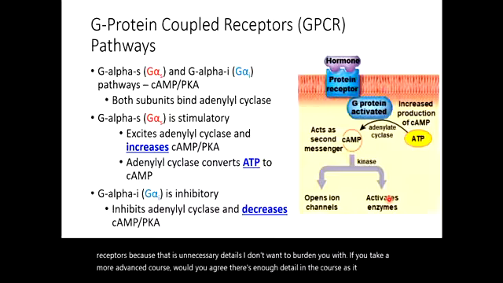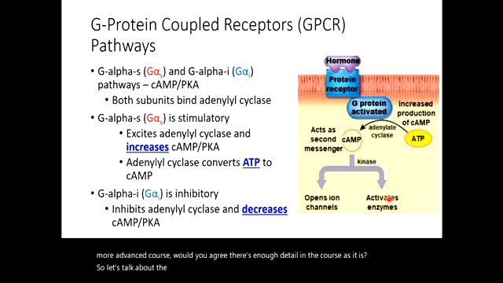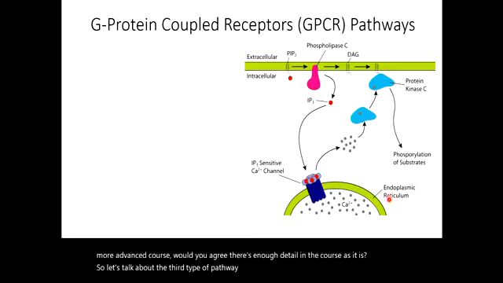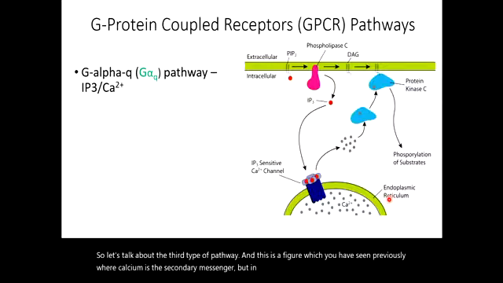All right, great. So let's talk about the third type of pathway, and this is a figure which you've seen previously where calcium is the secondary messenger. But in order for calcium to be released as a secondary messenger, we see that the G-alpha Q subunit has been released, right?